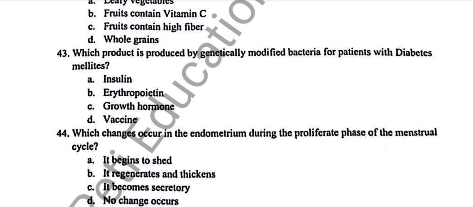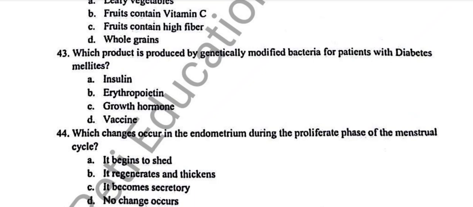Question number 43. Which product is produced by genetically modified bacteria for patients with diabetes mellitus? A. Insulin. B. Erythropoietin. C. Growth hormone. D. Vaccine. And the correct option is A. Insulin.